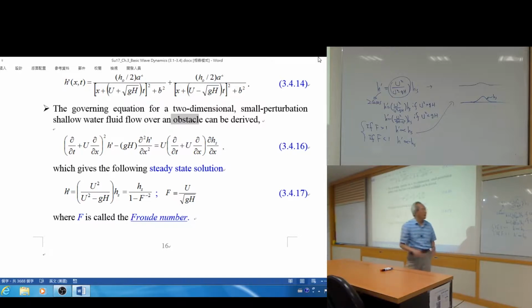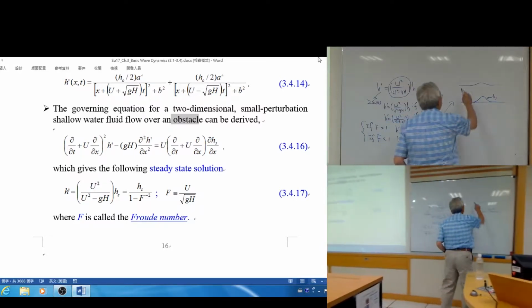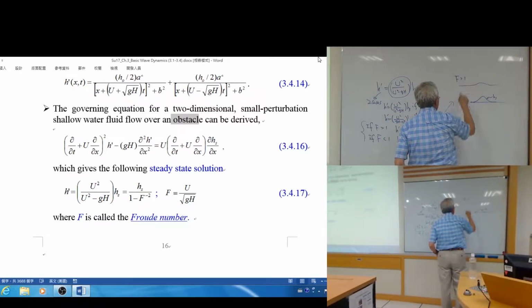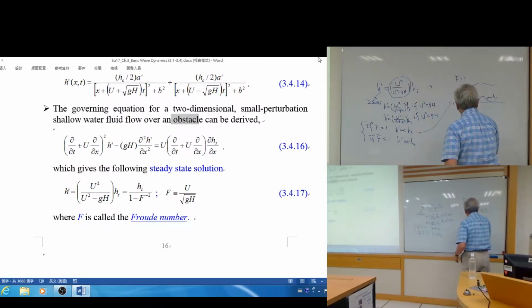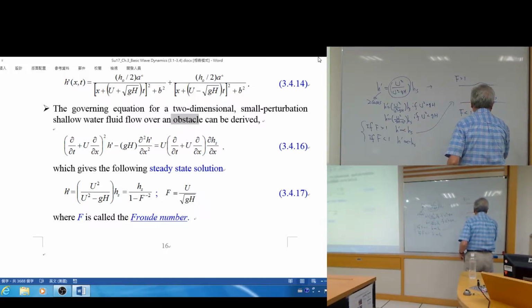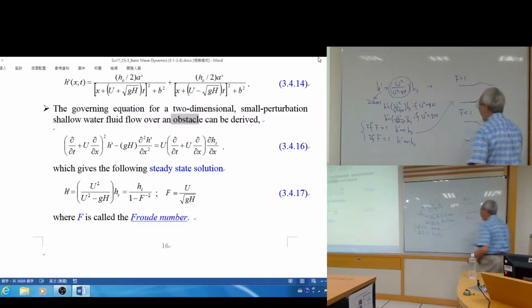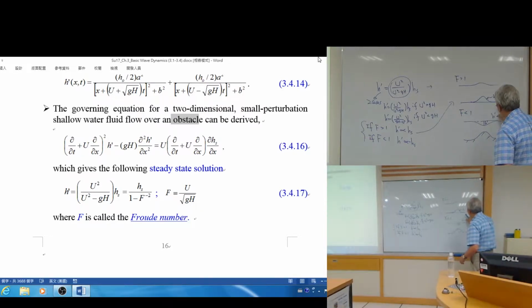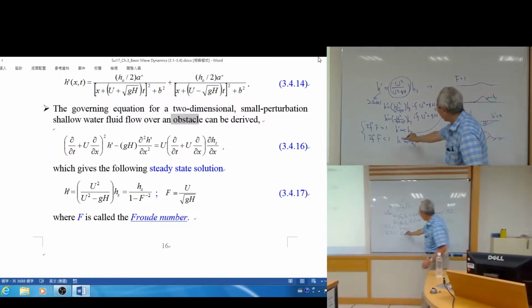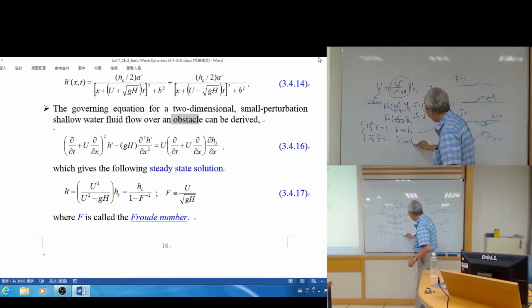One thing strange is, so this is F greater than 1. But when F is less than 1, the problem is that this goes down, because h prime is less than 0. h prime is proportional to negative h sub s.